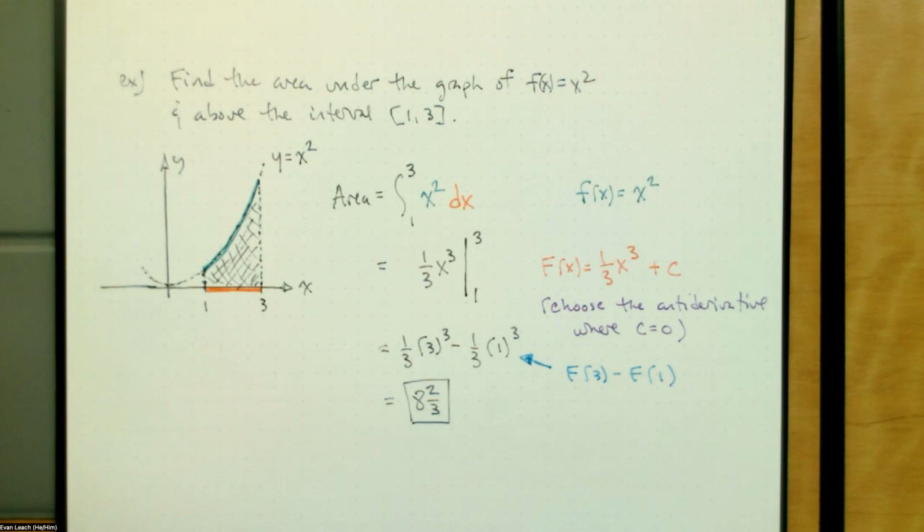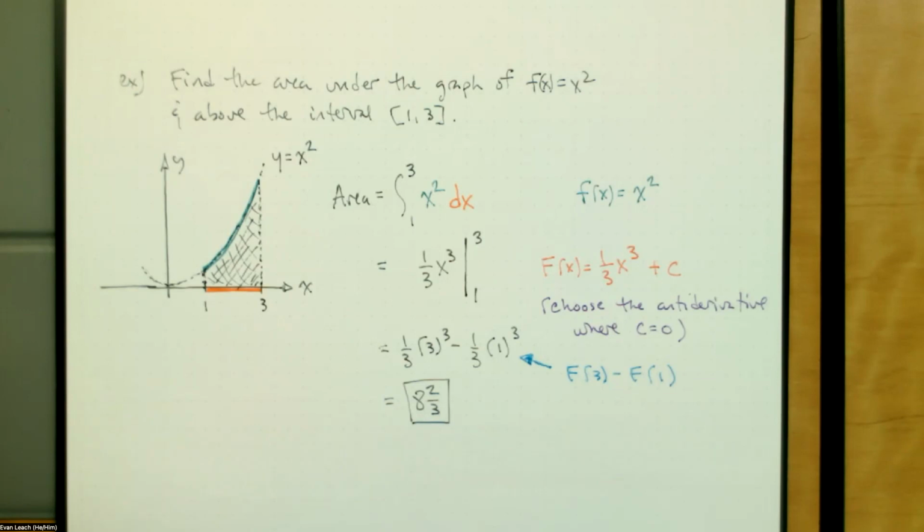Miles divided by hours times hours gives us miles. So if x squared represents miles per hour and x represents hours, this represents miles. If our velocity is given by the function x squared, then between hours x equals 1 and x equals 3, we will travel 8 2/3 miles.